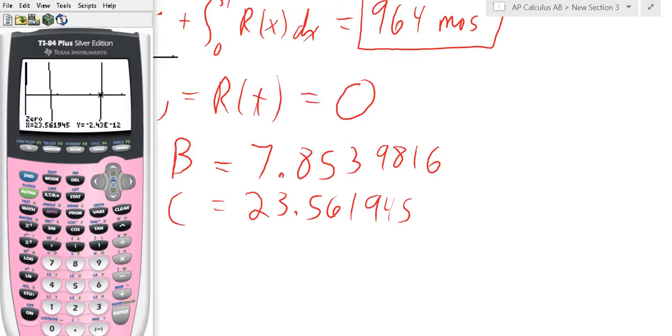But when you see a number e to a negative big number, that just means 0 basically for us. So anyway, I'm going to store this as C. I'm going to quit out of here, hit store, alpha, C, enter. So I've got them both saved.